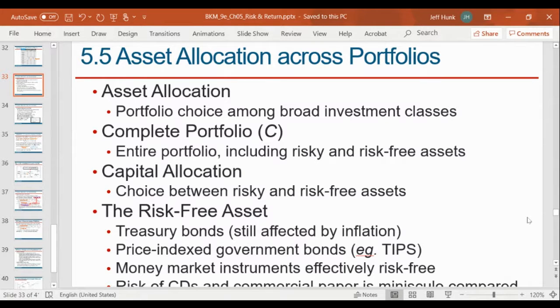And then the risky portfolio breaks down again into a stock portfolio and a bond portfolio. Makes sense. The complete portfolio consists of a risky portfolio and risk-free assets.